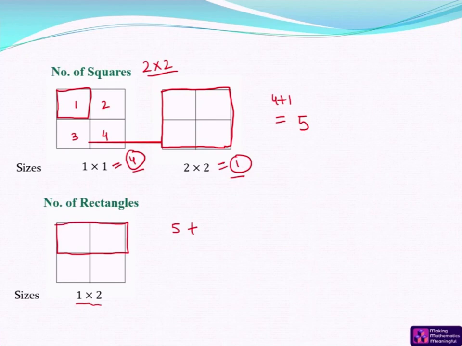Horizontally, we will have 2 such rectangles, and vertically also we have 2 such rectangles. So a total of 4 of size 1 cross 2, which amounts to a total of 9 rectangles in this figure.